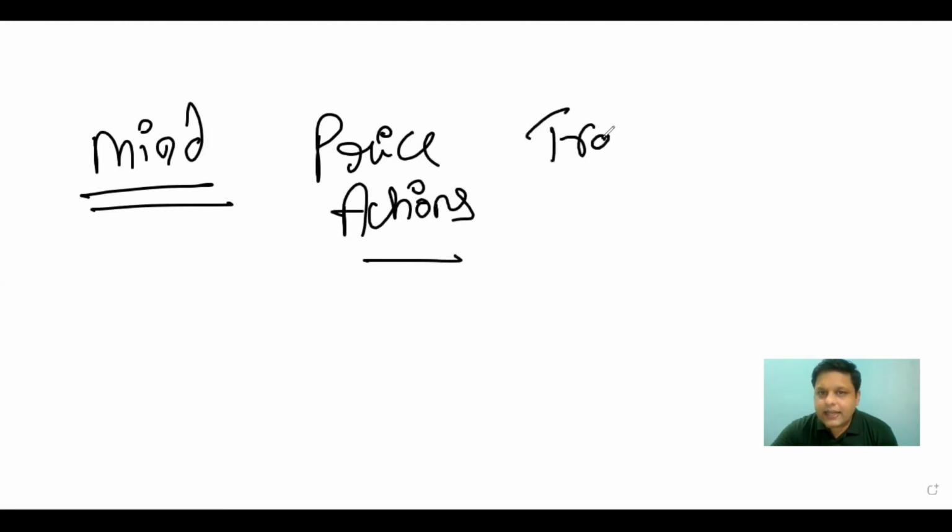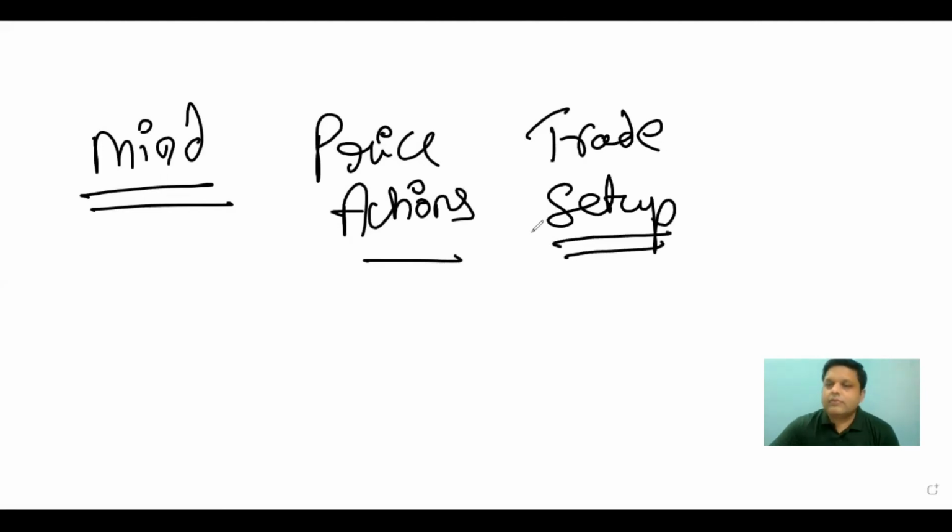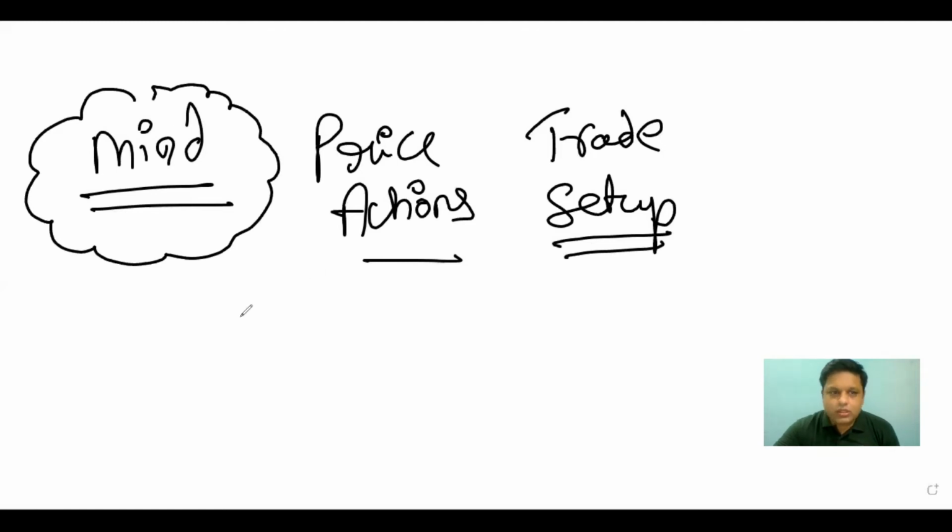There is a trade setup. So you should be mentally prepared first. That we have understood. Now we have to understand how the price action happens, and how a trade setup happens.